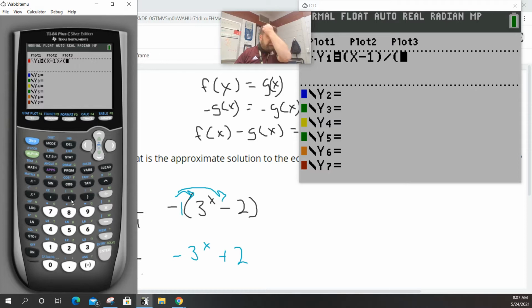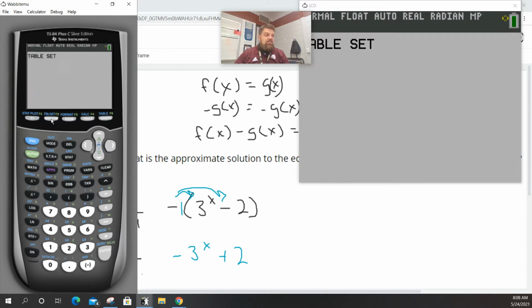Divided by, in parentheses, the denominator, which is going to be x squared plus x minus 1, close parentheses. Then we're going to minus 3 to the x, and then we're going to add 2.